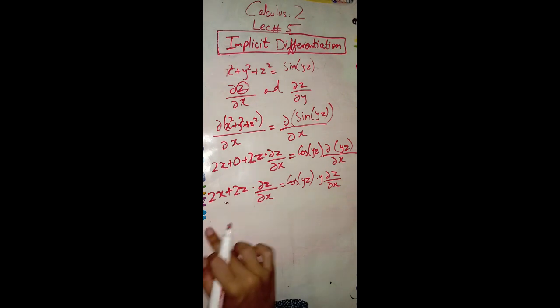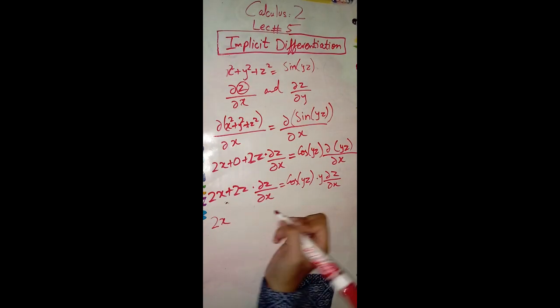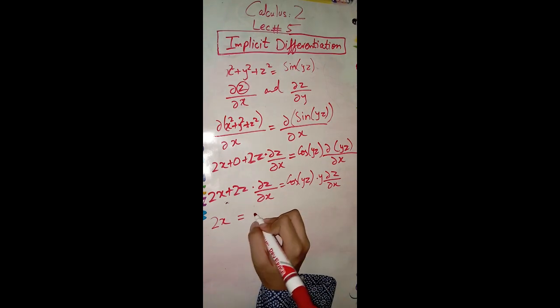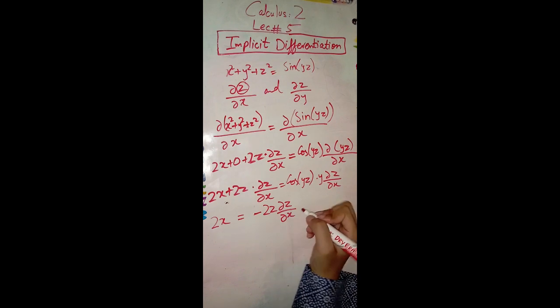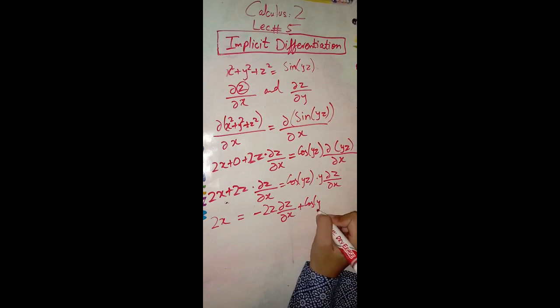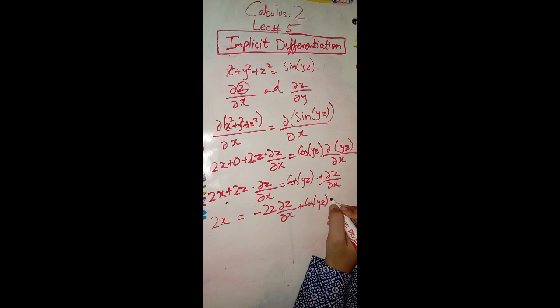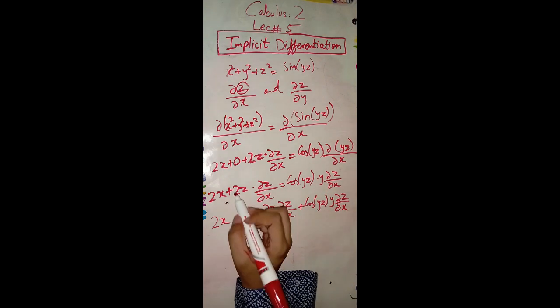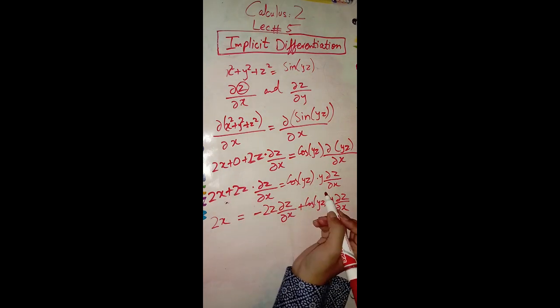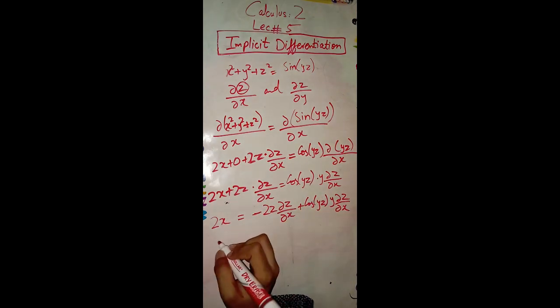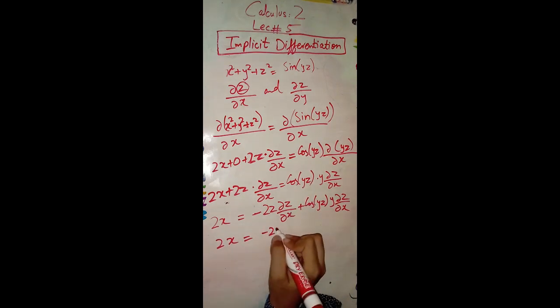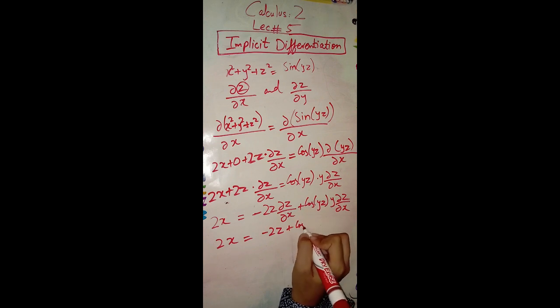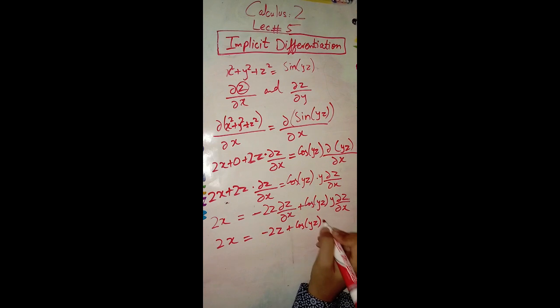So 2x is equal to minus 2z partial of z by partial of x plus cos of yz times y partial of z by partial of x. We are taking this expression to the other side, so it will be minus.